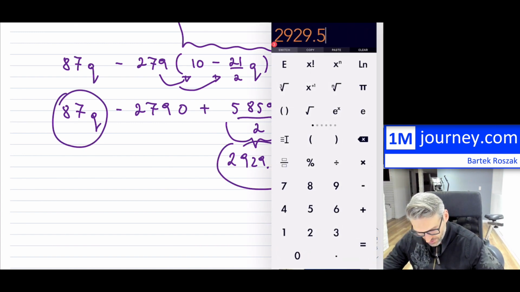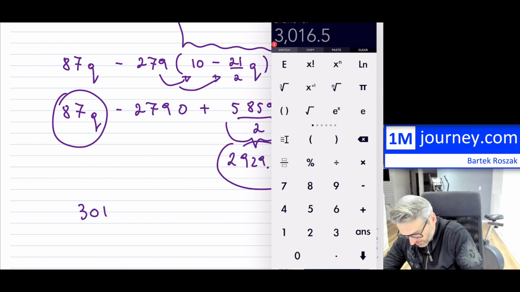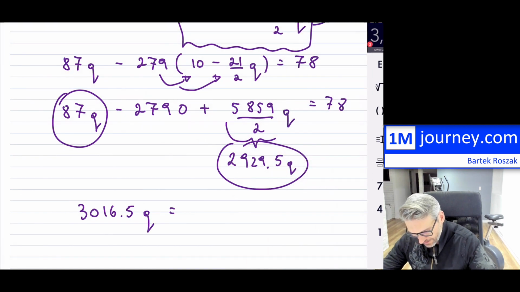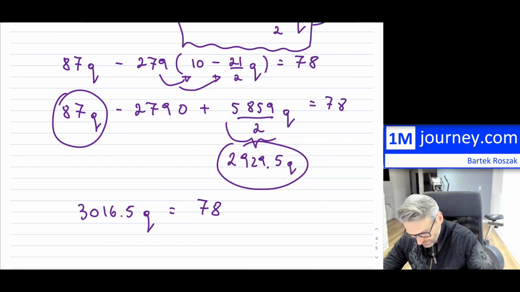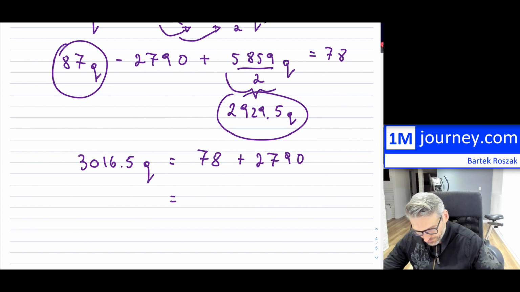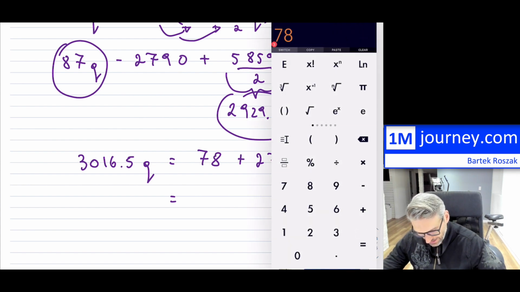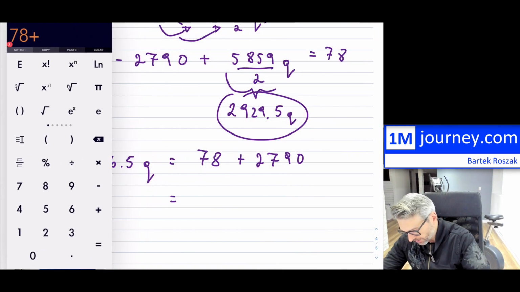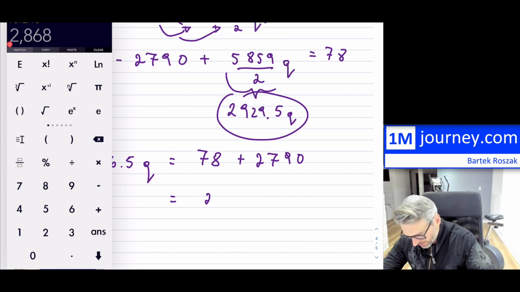My answer plus 87 is going to be 3016.5 Q equals, and now I have 78, bring over that 2790 to the other side. So that's 78 plus 2790, which equals 2868.